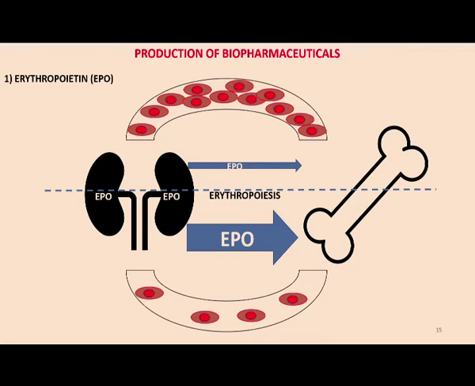So, a low number of red blood cells in circulation would induce production of greater amounts of erythropoietin, the growth hormone, which would mean that greater amounts of erythropoietin will reach the bone marrow and therefore would increase the production of red blood cells.